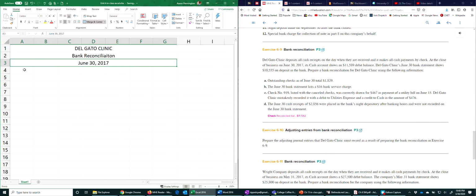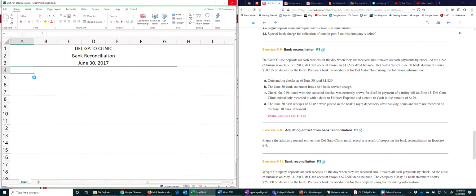And it is done in two phases, as you may recall from the lecture. The first phase being starting with the bank statement balance.